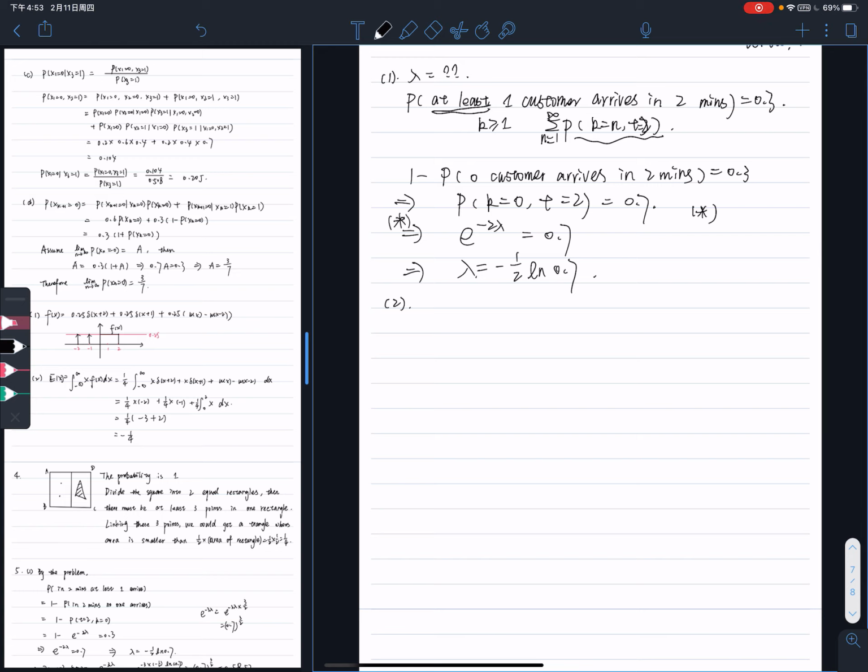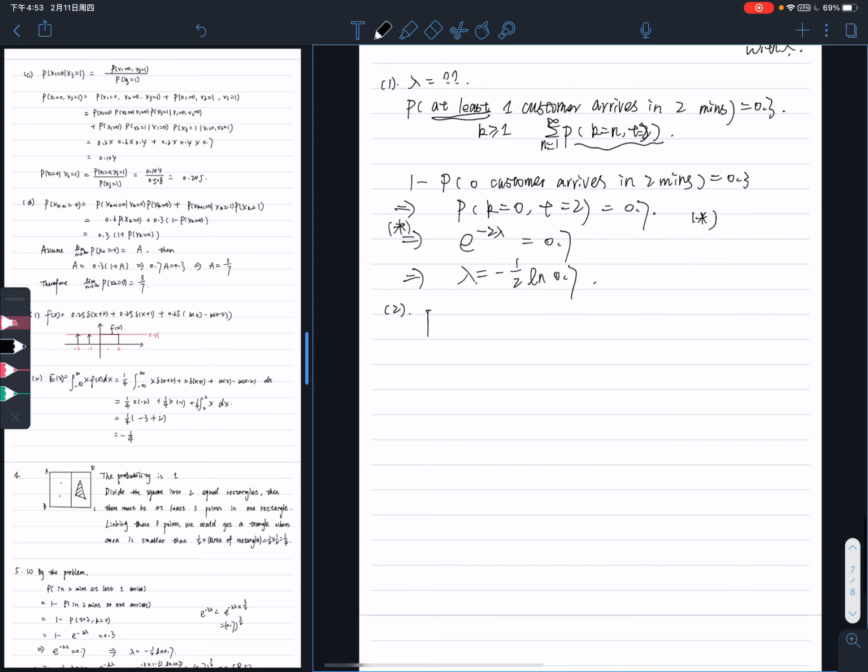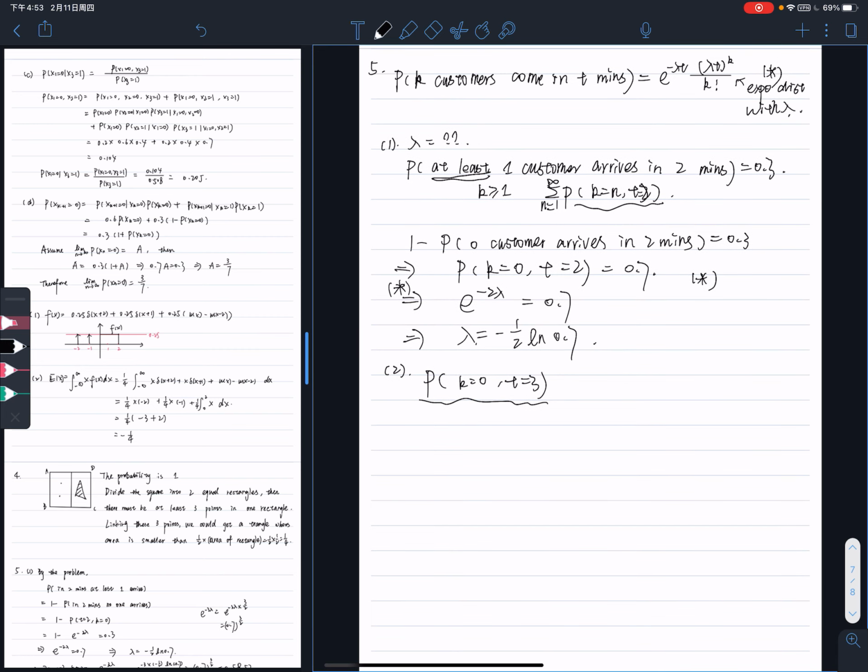For the second part, what we want is that in 3 minutes nobody arrives. So k equals 0 and t equals 3. We want the probability with k equals 0 and t equals 3. So it is e to the power of minus 3 lambda times (3 lambda) to the power of 0 over 0 factorial. The latter part is equal to 1.